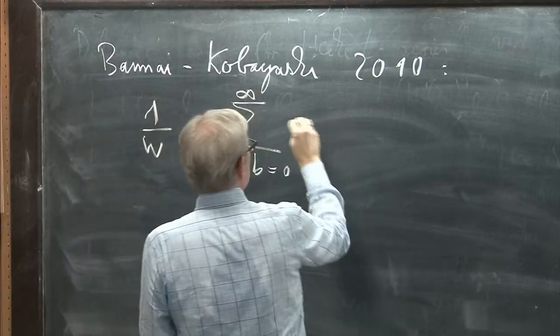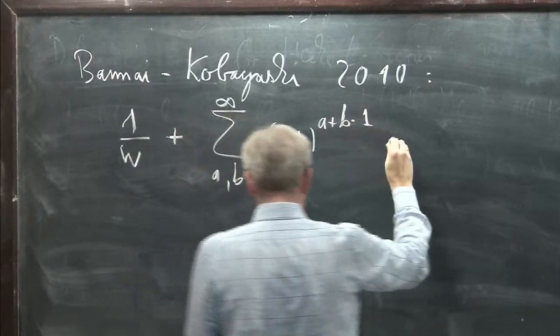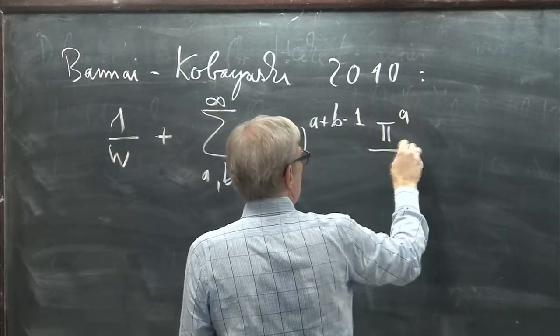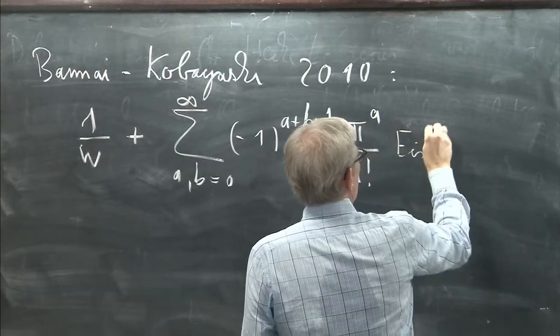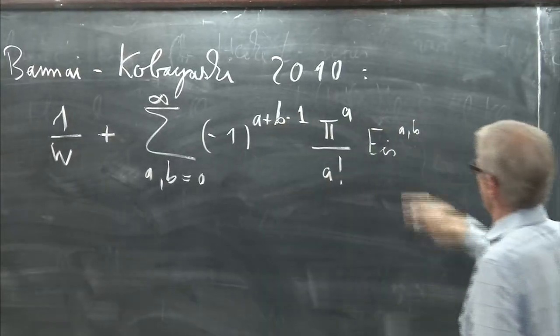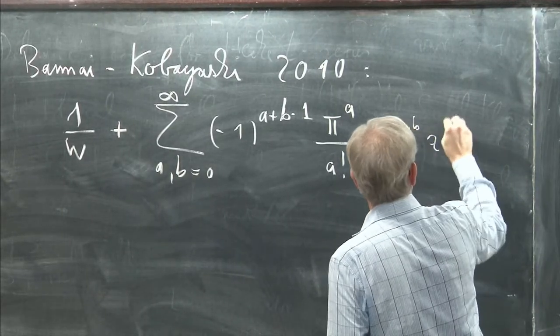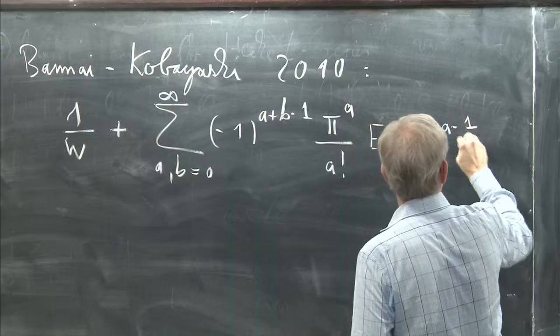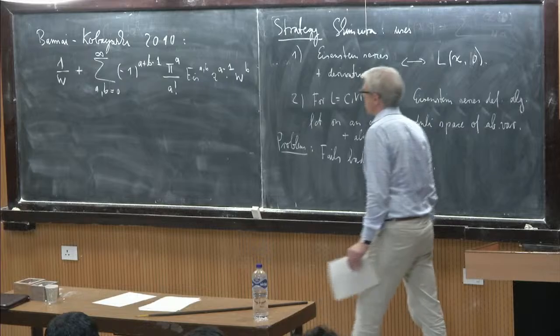So this is a generating series. I will not define all terms, but we have a pi to the a divided by a factorial. And then you have these Eisenstein numbers, which we are interested in because they should be related to L values. And here I have z to the minus a times w to the b. These are the variables.